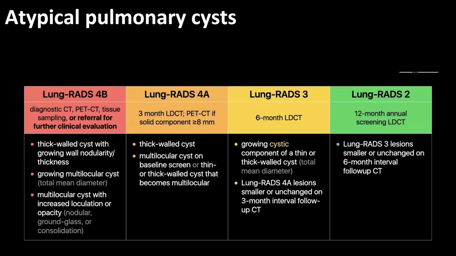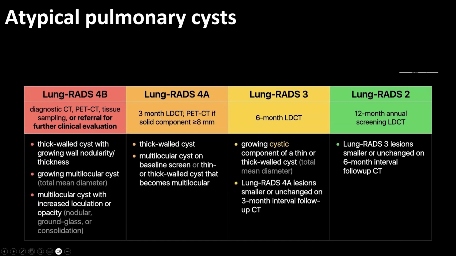So atypical pulmonary cysts, as I mentioned, have a way of being categorized within the Lung-RADS classification. The most suspicious atypical pulmonary cyst is a thick-walled cyst with growing nodularity or wall thickness, or a growing multilocular cyst, or a multilocular cyst with increased loculation or opacities. So that would be a Lung-RADS 4B.